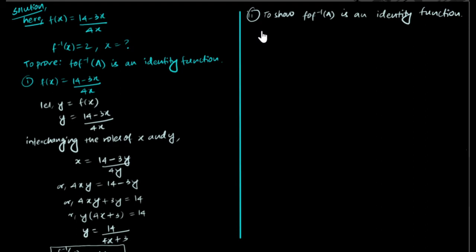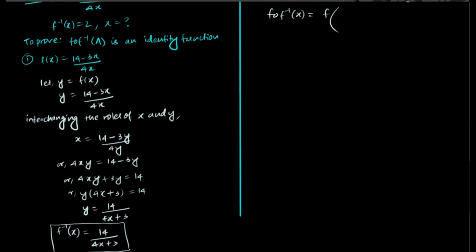f composite f inverse x is equal to f of f inverse x. What is the value of f inverse x? I think we calculated earlier, and it is 14 divided by 4x plus 3. Let me do one more step here.